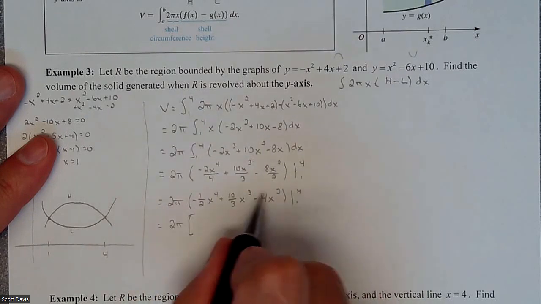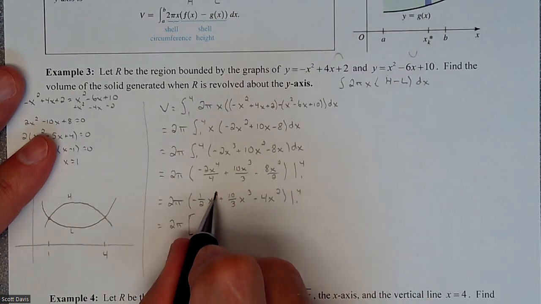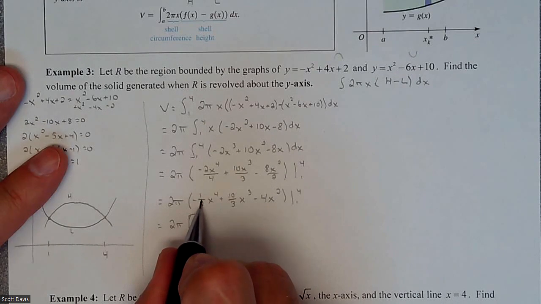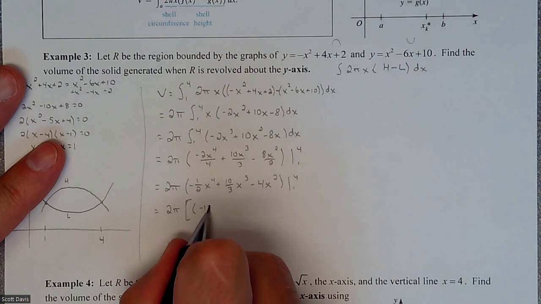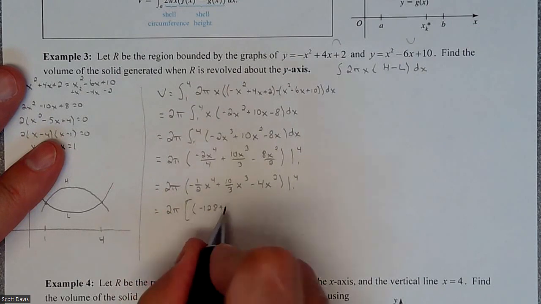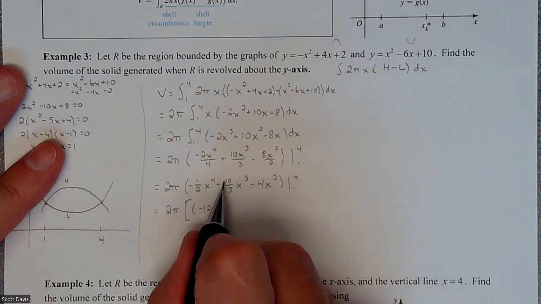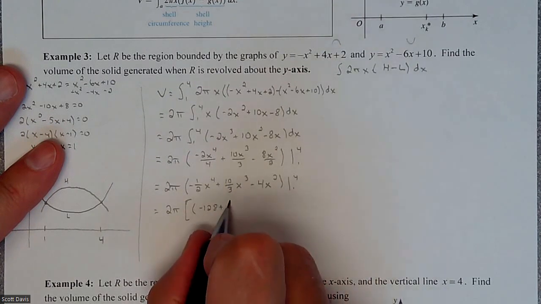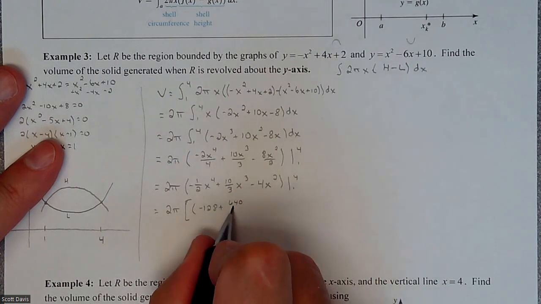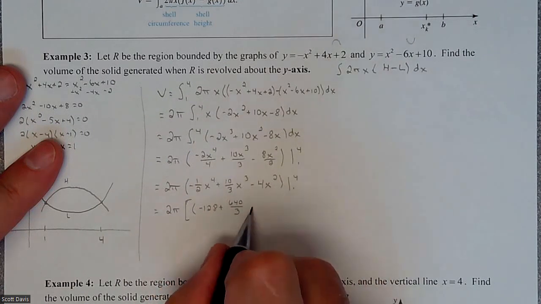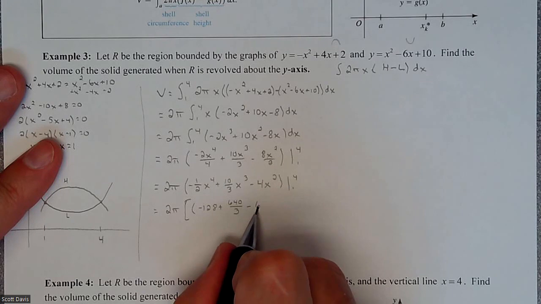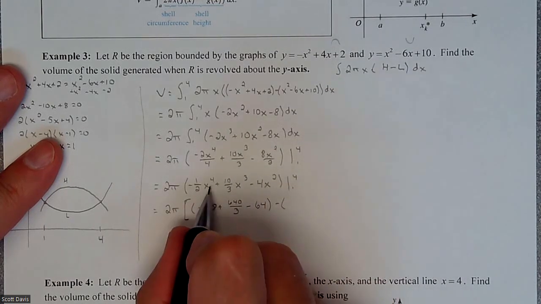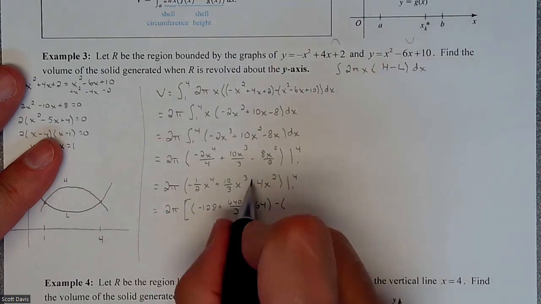All right, so let's plug in some values. So 4 to the fourth, and then we're going to take half of that and multiply it by a negative. So if we throw that into the calculator, that's going to give us a negative 128. And then 4 to the third times 10 is 640 over 3 minus, this is basically 4 cubed, which is 64. So that's all that stuff, minus plugging in the 1, which is just going to be the fractions and the whole number.